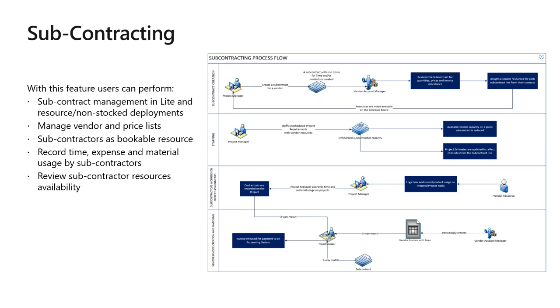But essentially, it then allows you to create resource records for these vendor contacts. And then those resources will be available resources in project planning and in resource scheduling and so on, just like any other resource.